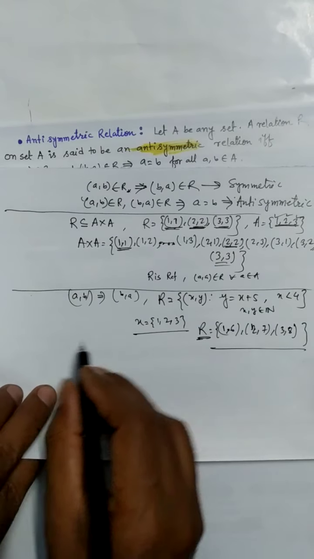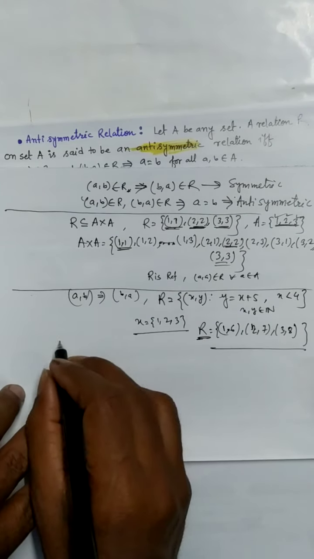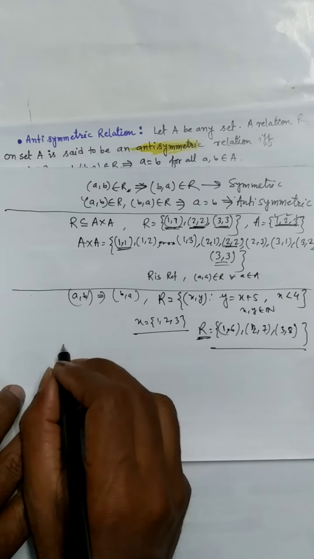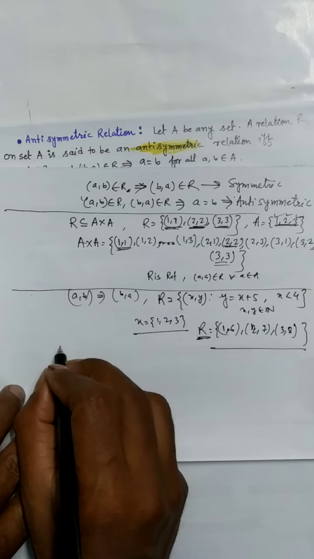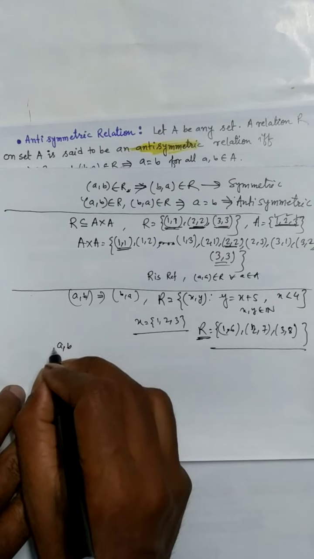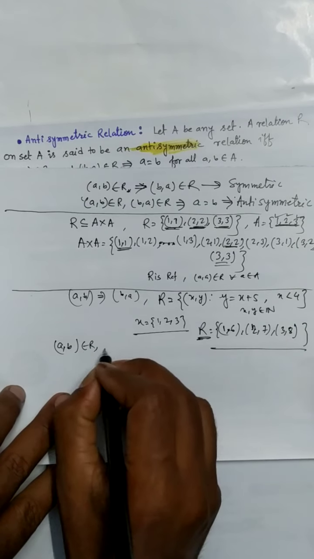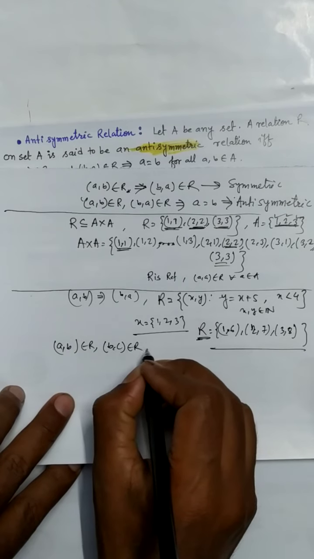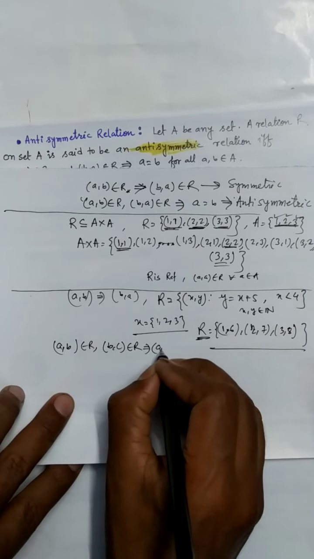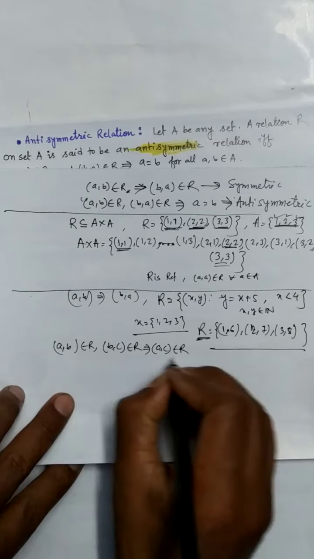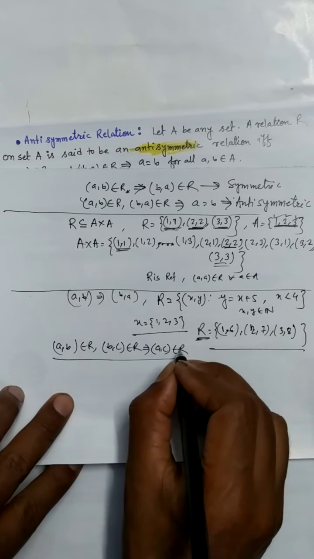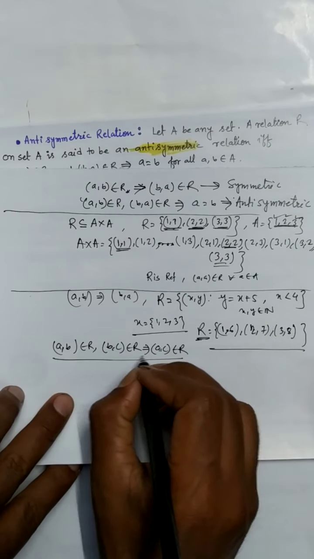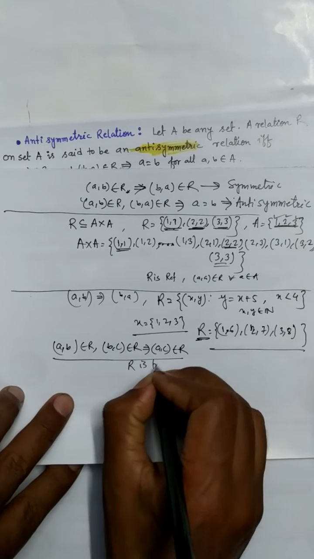Now we have to check the transitivity. What was the definition of transitive relation? If (A, B) belongs to R and (B, C) belongs to R, then we have to find out whether (A, C) also belongs to R or not. If it belongs to R, then we can say R is a transitive relation.